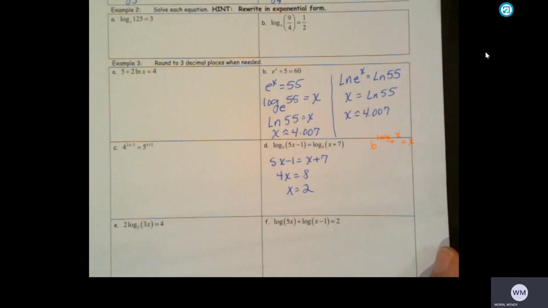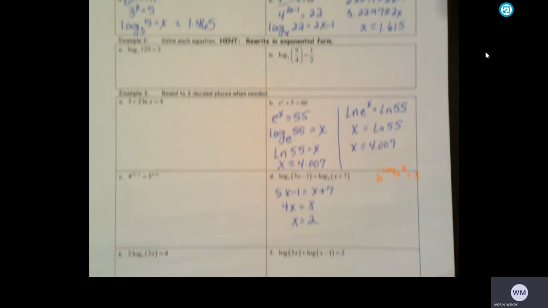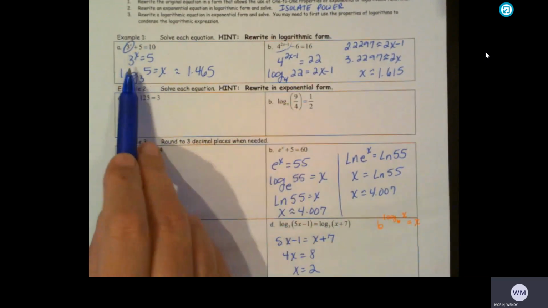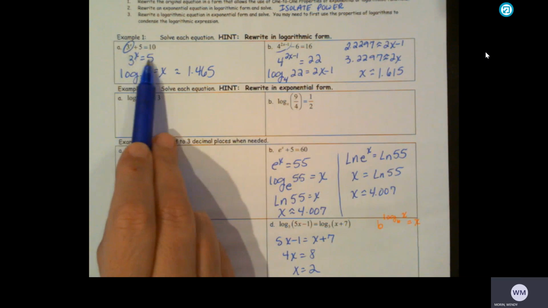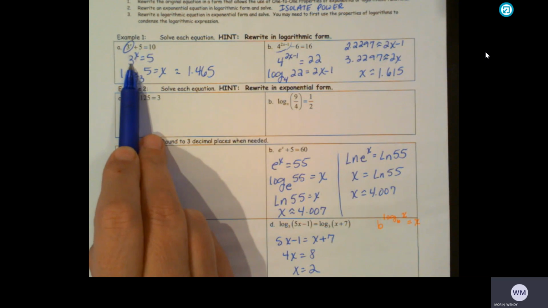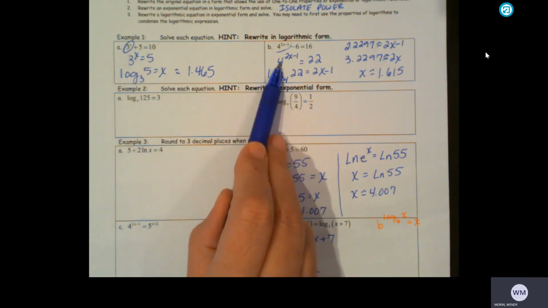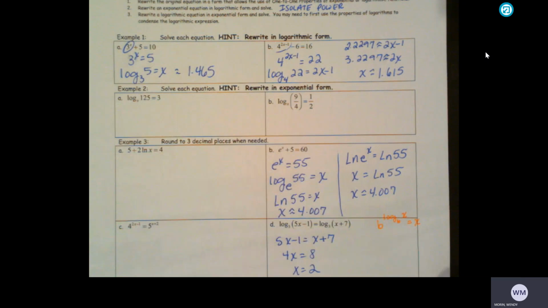So keep that in mind. So if we go back up to these examples, this is not a base e, this is not a base 10. If you really wanted to take the natural log of both sides, you'd still get the same answer. If you want to take the common log of both sides, you'd still get the same answer.